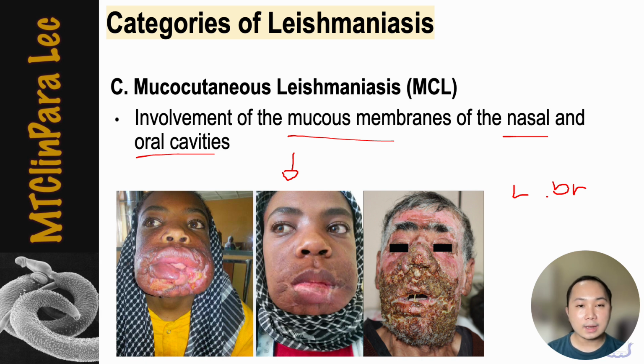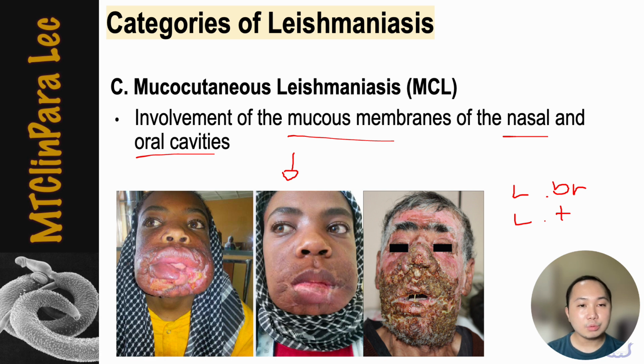But as I have said a while ago, the Leishmania pathology or diseases may overlap from one species to another. Another example of a parasite that may progress to mucocutaneous is the L. tropica complex. So kindly take note of these associated parasites. A patient infected with mucocutaneous leishmaniasis may experience nasal stuffiness, nasal bleeding, or epistaxis, and nasal discharge.